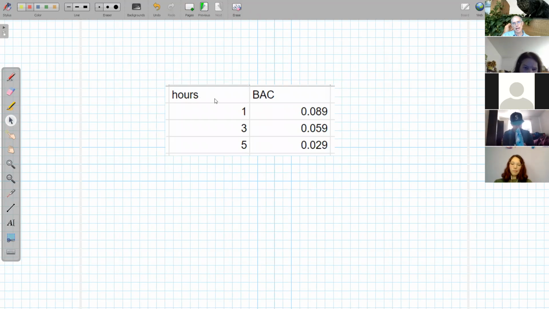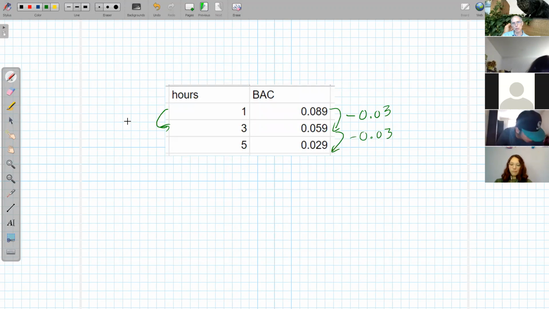So here I have just that table of hours versus the BAC. And in the next question, we were asked, how is this changing per hour? Well, when I look at these 2 numbers, if I were to subtract these 2 right here, it dropped, right? So that means we lost some alcohol, and it dropped by 0.03 if you run that in your calculator. And the same thing happened here too. It dropped by another 0.03, okay? Now that happened over 2 hours, right?